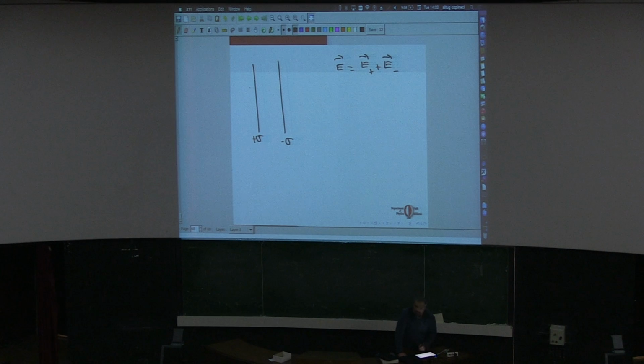Now let's split our region into 3 parts: my region 1, my region 2, and my region 3, so that I can study the electric field at each one of these regions separately. And let's take this as my z-axis. So region 1.